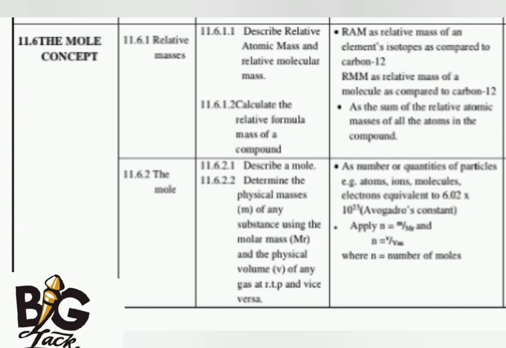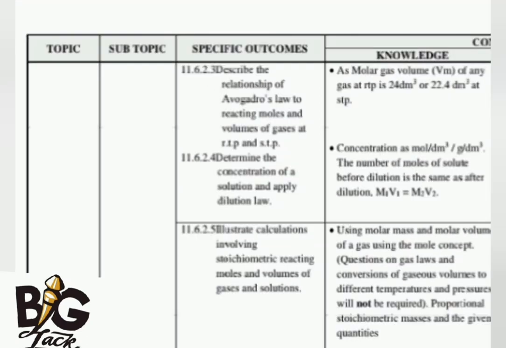Apart from that one, they can also ask you to describe the relationship of Avogadro's law to reacting moles and volumes of gases at room temperature and standard temperature. So now as for standard temperature, the volume of any gas at standard temperature is what? 22.4 decimeters cube.